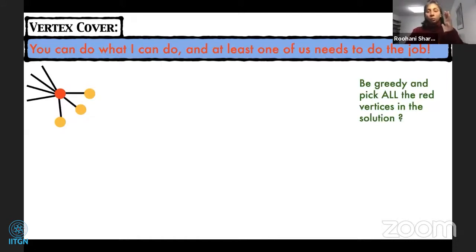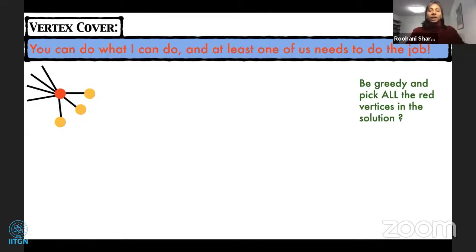And what we need to decide now is, can we say that all the yellow vertices can just freely delegate all their work to the red vertices, which means that we decide for sure that we are not going to pick any of the yellow vertices, and we'll pick all of the red vertices, because red vertices do as much job as yellow vertices, and picking up red vertices is not more expensive than picking up yellow vertices. So let's see if we can say these kind of things for the instances that I have in this slide.